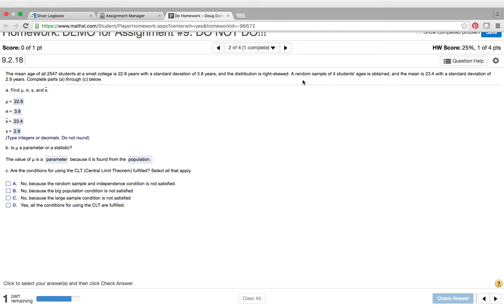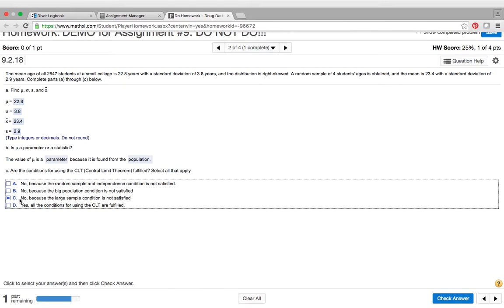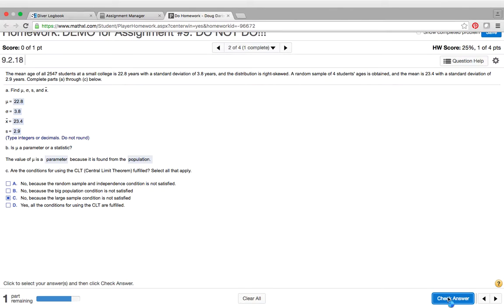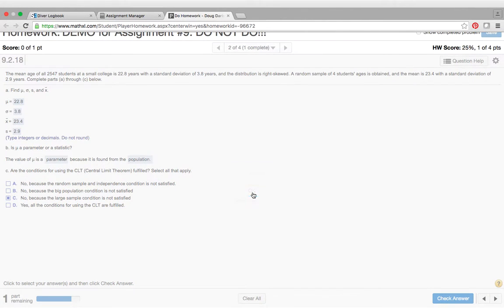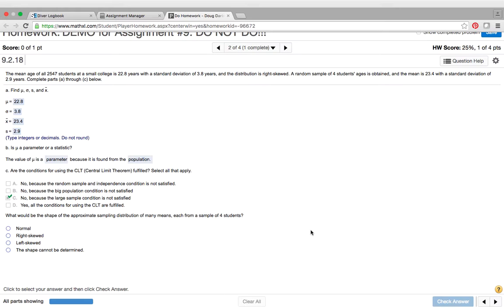Well, we have a random sample, and we have independence, or at least we can assume that. B, no, because the big population condition is not satisfied? Or is it no, because the large sample condition is not satisfied? Well, guys, we don't have 25, so the large sample condition is not satisfied.